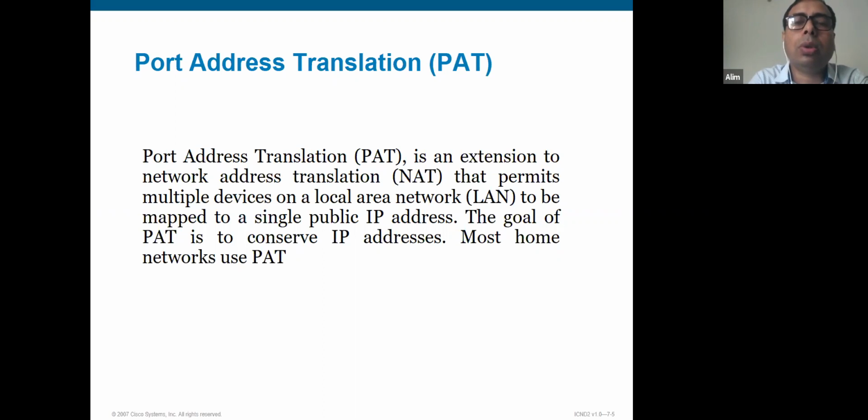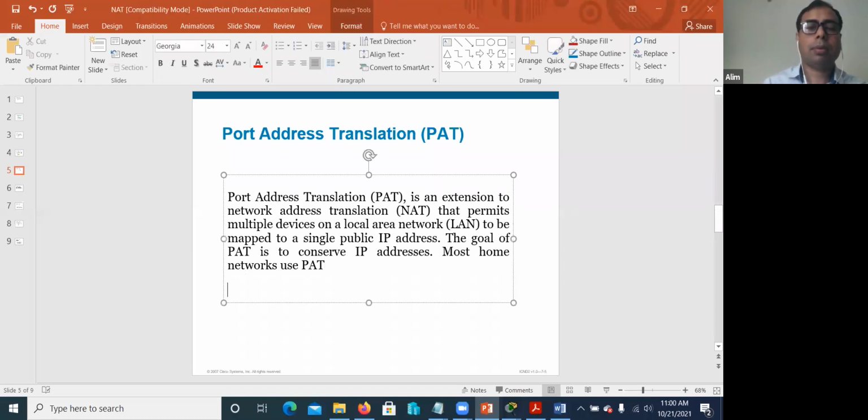So what we do is we use port address translation. How is it done? With one IP address, you can have around 65,000, let me write down the number here, 65535, maybe this figure.